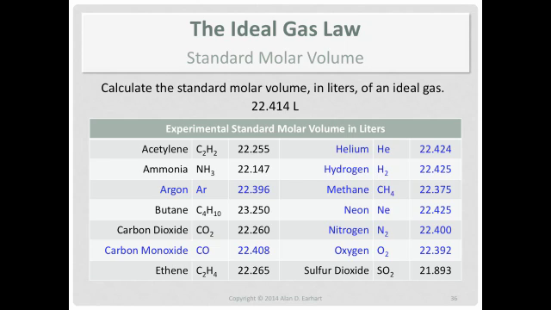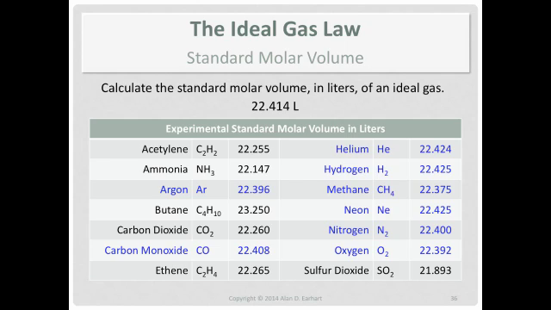The ones I highlighted all have a standard molar volume of 22.4 liters. So one thing this shows is that under some conditions, the ideal approximation for gases is not a bad one. It works for this. As long as you don't take the temperature too low or the pressure too high, it's not a bad approximation for many gases.